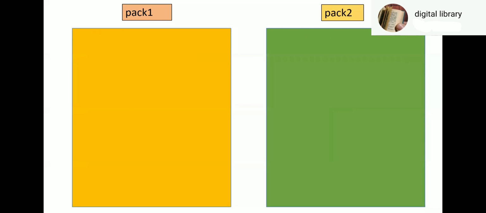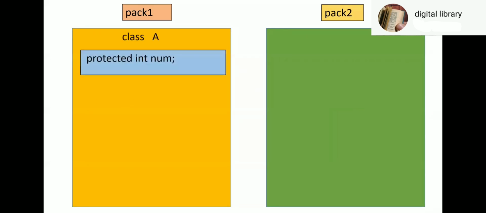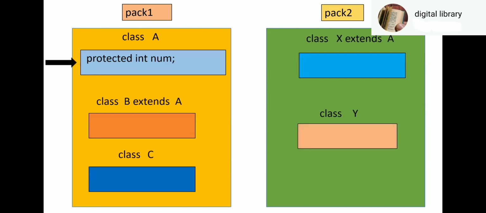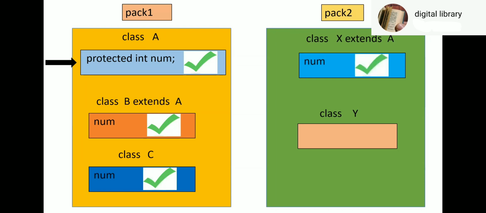The scenario given is the same. What's the difference? Protected. Yes. Except Y, protected is accessible everywhere. Same class, yes. Class C also. Class X may be. Why?